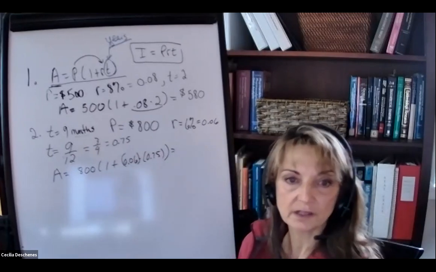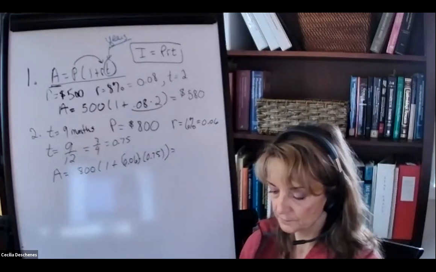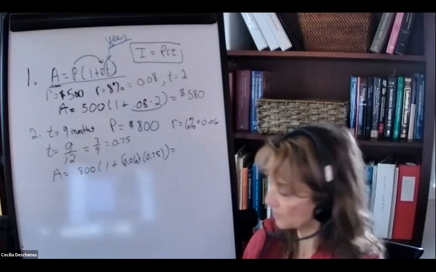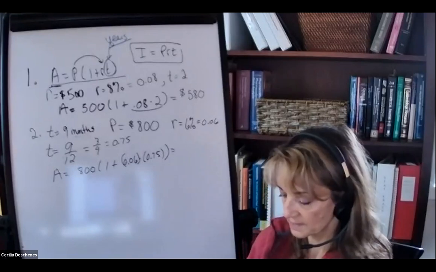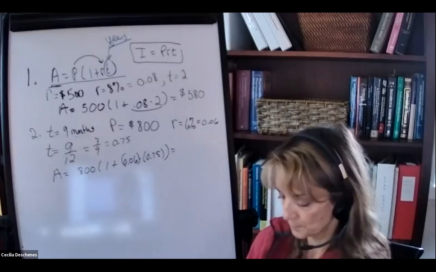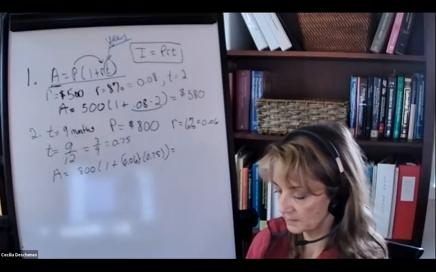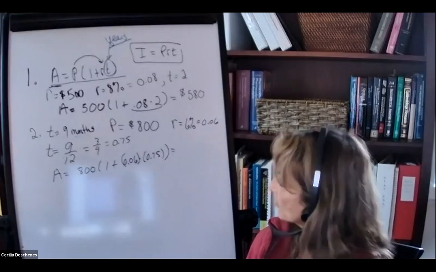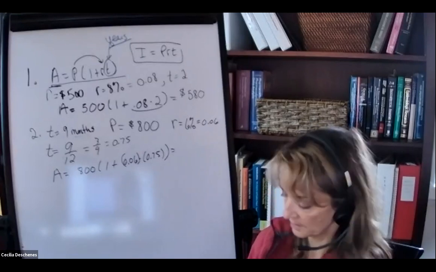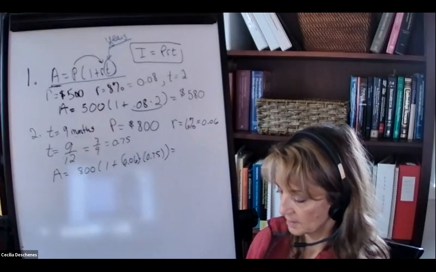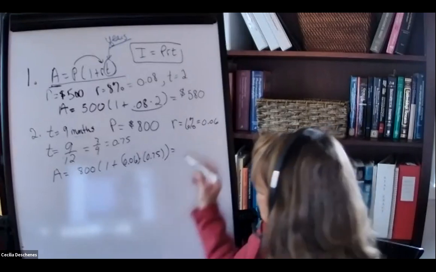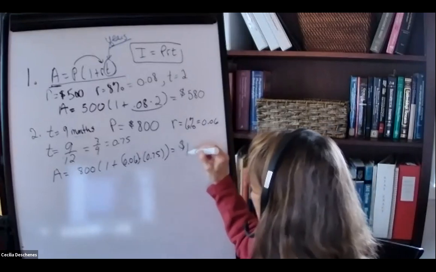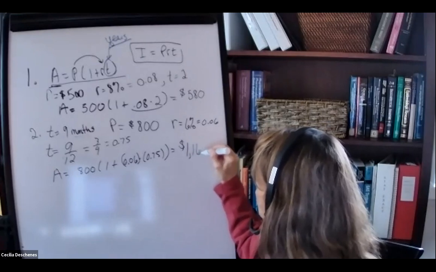So let's calculate that: 0.06 times 0.75, then add 1 to it, and then multiply that whole thing by 800. And I get 1,160.